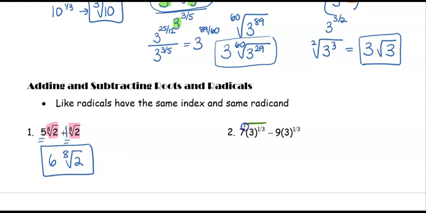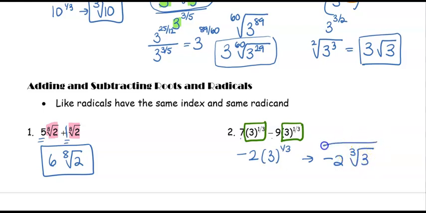It's not obvious, but this tells me that I have like terms already. 7 minus 9 is a -2. 3 to the 1/3 power, but we always write our answers in radical form, right? So this is a -2 cube root of 3. So adding, subtracting, you must have like terms. Like terms means same root, same number underneath the root.